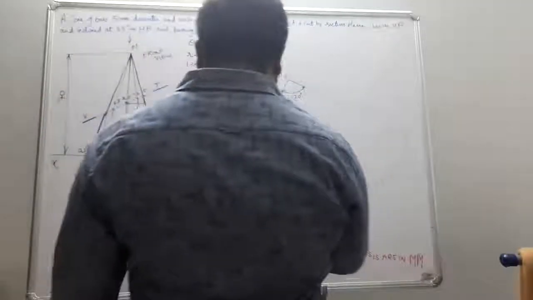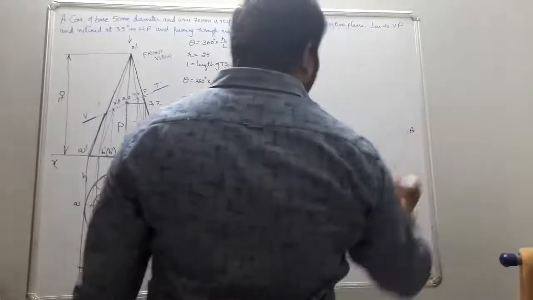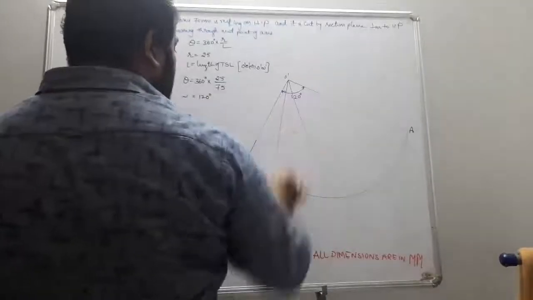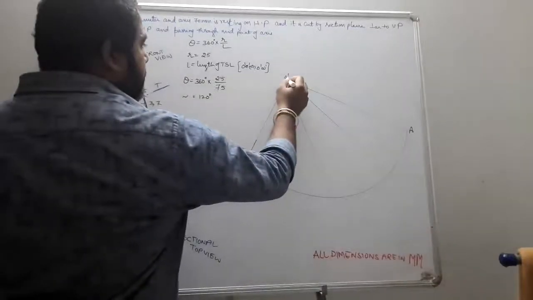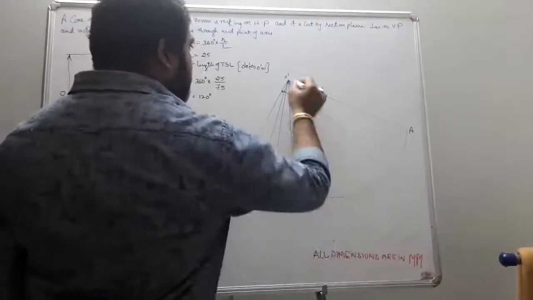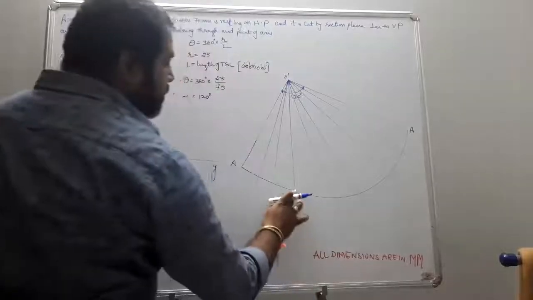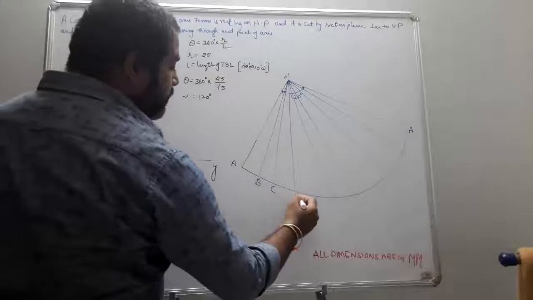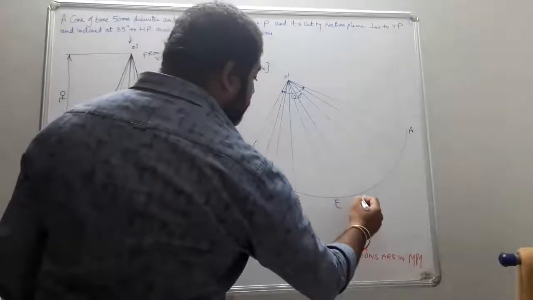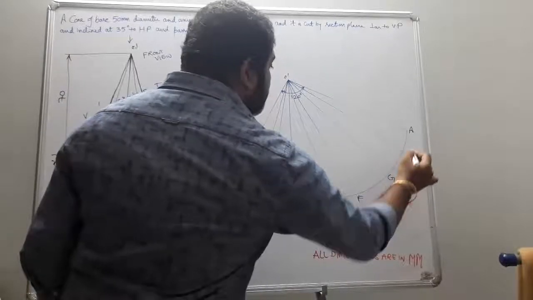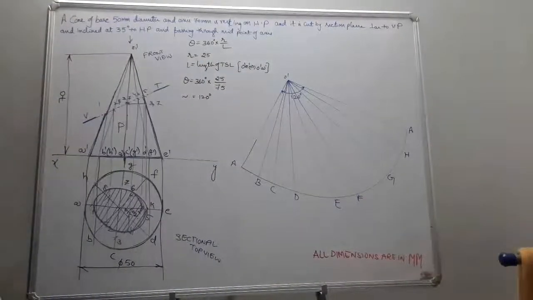So this is also A and this is also A. Mark the points: B, C, D, E, F, G, H, and again A.